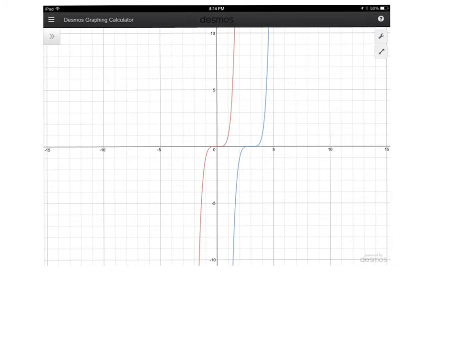I've gone ahead and graphed both functions, the parent function y equals x to the 5th, which is in red, and f of x in blue, which is our function translated 3 units to the right.